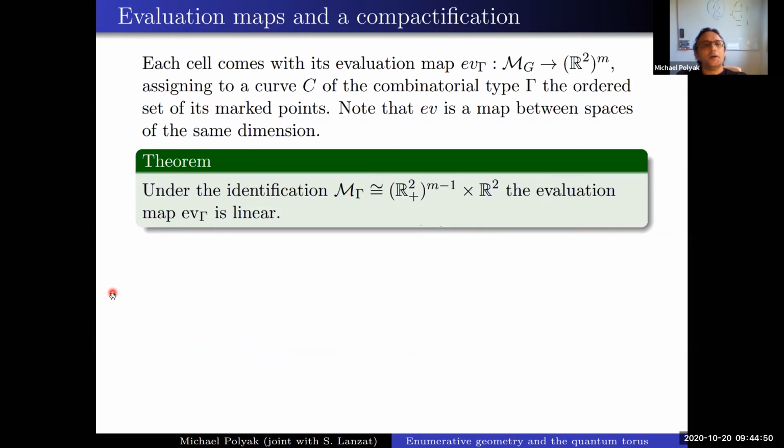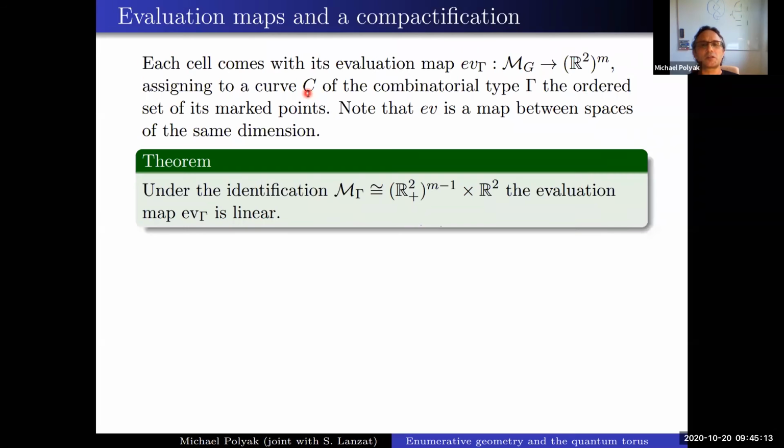So our cell comes with an orientation, and additionally, each cell also comes with an evaluation map. The evaluation map is an obvious thing. You just take a curve. It was a marked curve, so it contained m marked points.